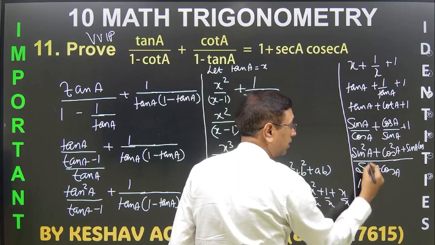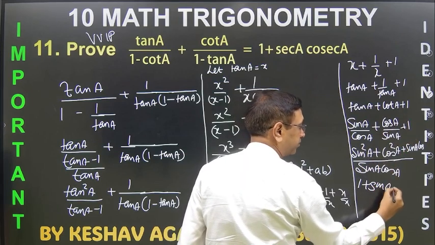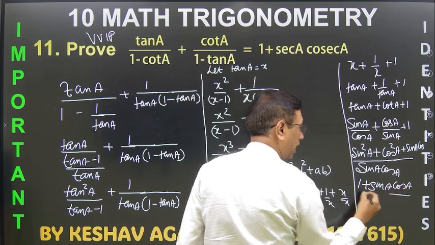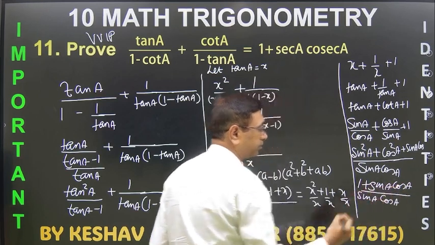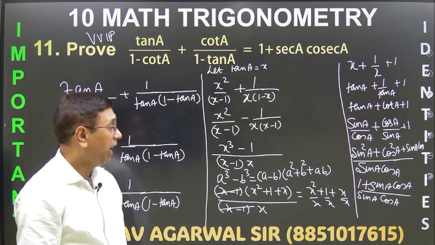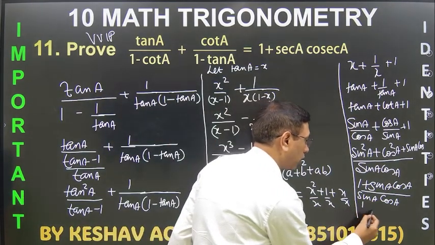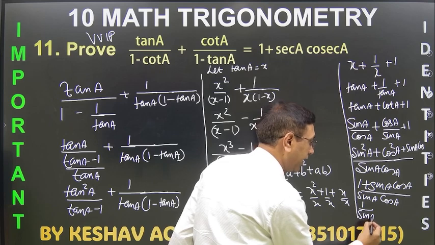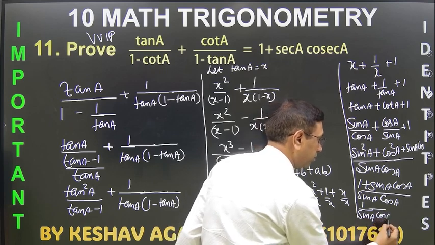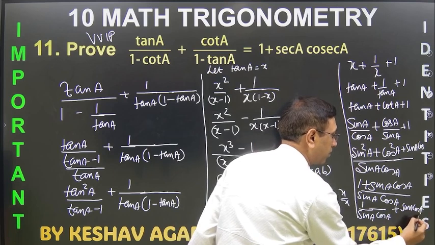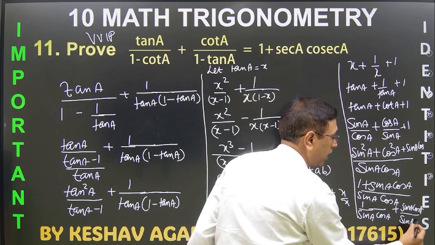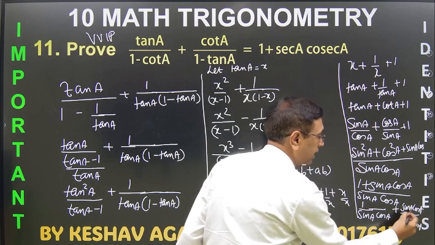What was left there? The LCM, sin a cos a upon sin a cos a. Right? And when you divide, you will get 1 upon sin a cos a plus sin a cos a upon sin a cos a, which gets cancelled.